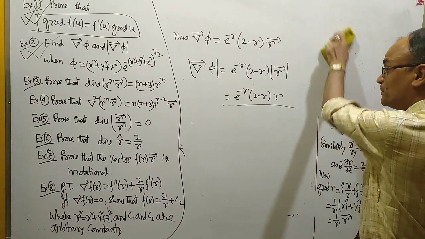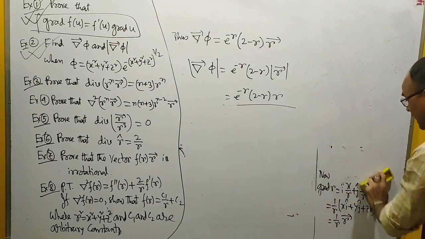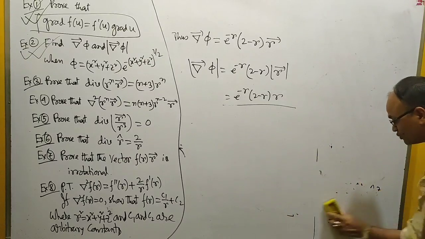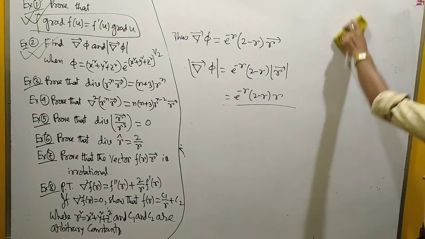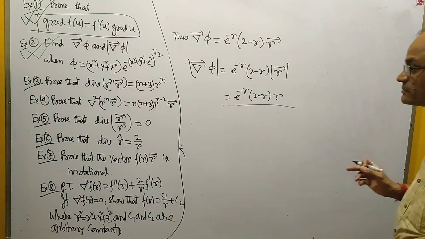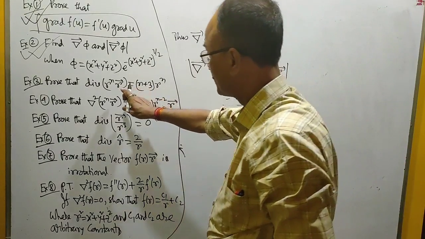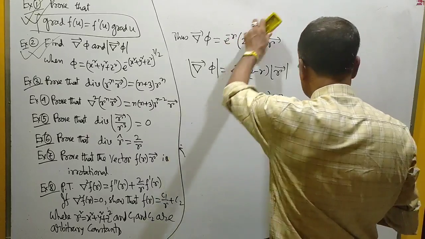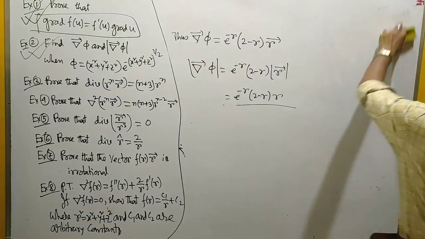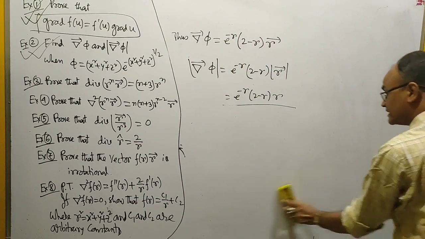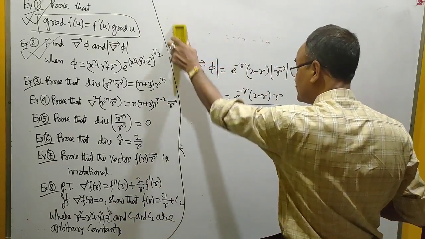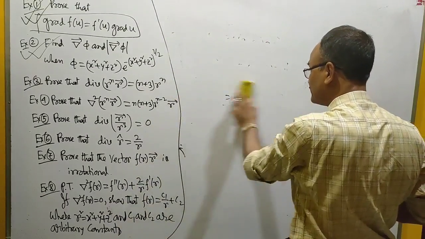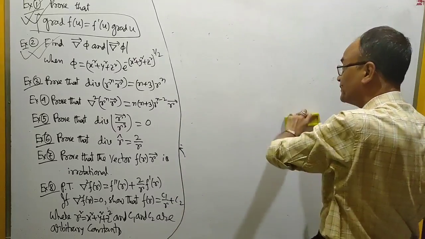The divergence of r to the power n r vector is equal to n plus 3 times r to the power n.